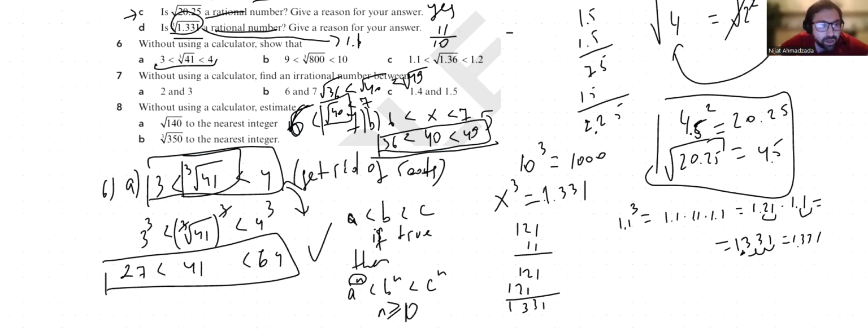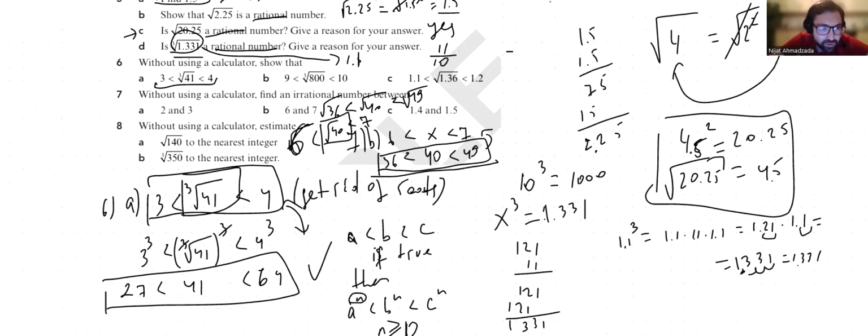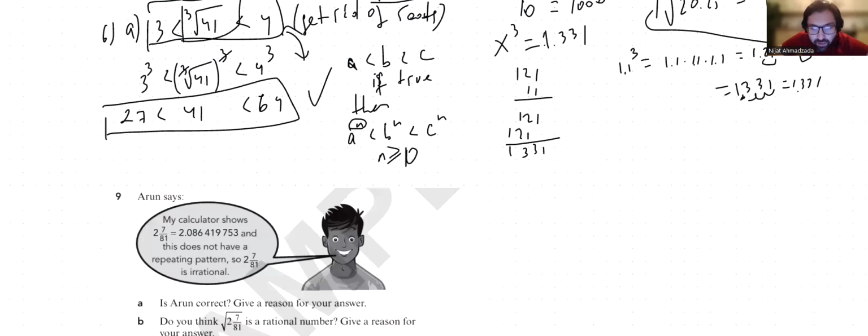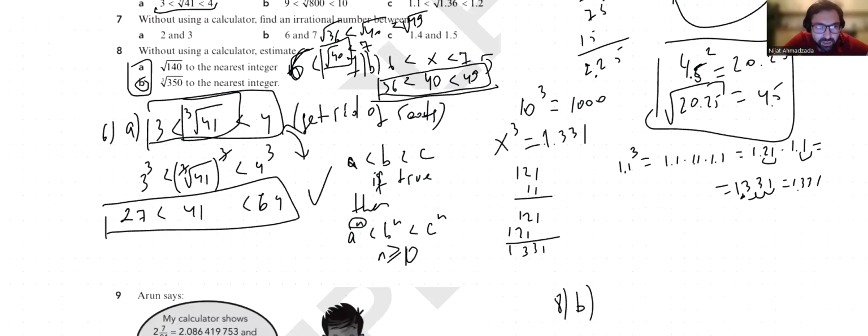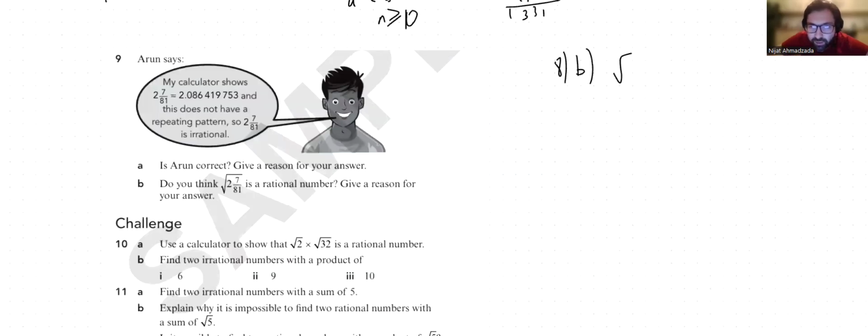Next one. Without using a calculator, estimate this to the nearest integer. We will do part B, for example, 8b. We have to write the cube root of 350 to the nearest integer.